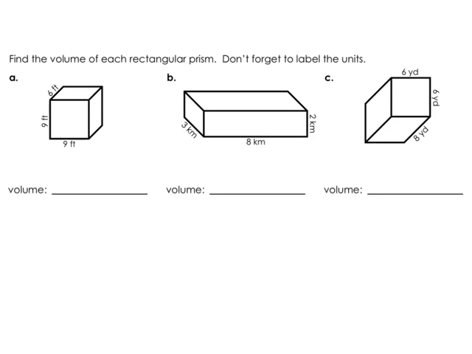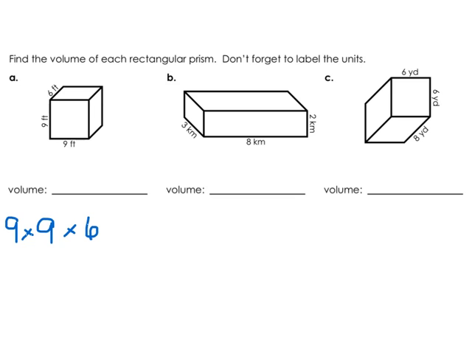So let's try that. Let's find the volume of each of the rectangular prisms, and don't forget to label the units. So in the first one, I see that we have 6 feet by 9 feet by 9 feet. So I'm going to have 9 times 9 times 6.